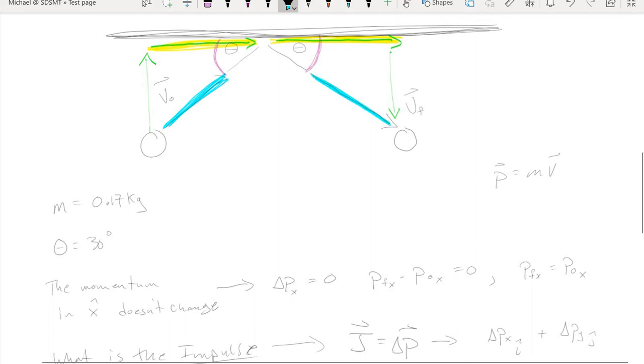I can put together the information about the x components of these velocity vectors along with the angle, and I can solve for the magnitude of each of these velocities. I'll use the right triangle for the initial velocity vector. We have an x component of velocity, which will have to equal the initial velocity magnitude times the cosine of the angle theta.